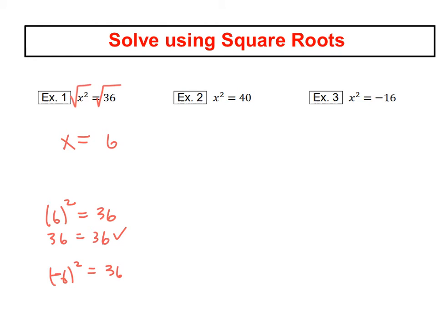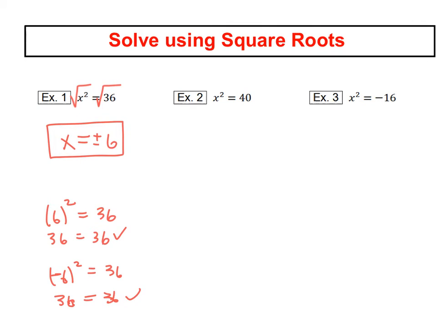Negative 6 squared, because it's negative 6 times negative 6, is a positive 36, equal to the right side, so negative 6 works as well. So what we do in math is we say a positive and a negative 6, so x equals plus or minus 6. That's how we can show both of those solutions.